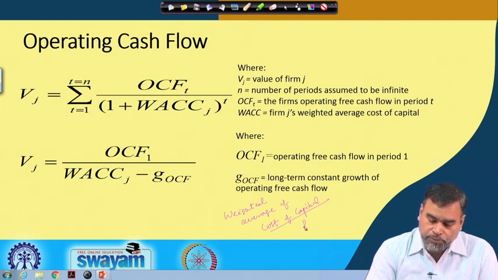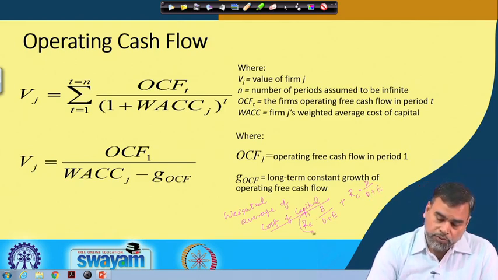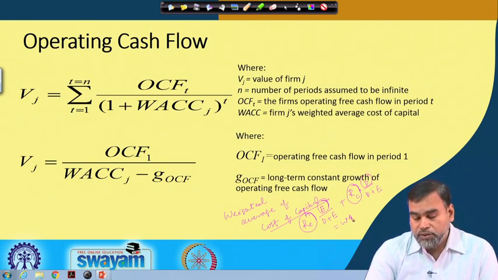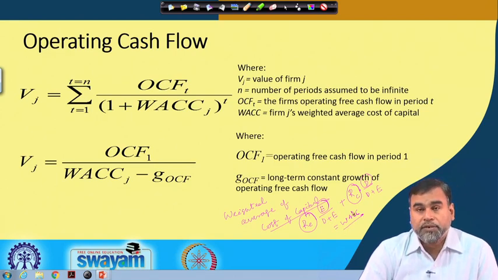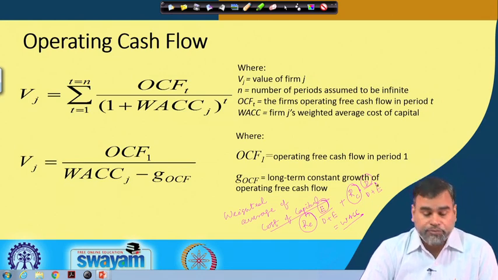That is your cost of equity multiplied by the percentage of equity, that means E upon D plus E, where D is equal to your debt, plus your cost of debt, let Rd, into D upon D plus E. So, if you know the cost of equity, you know the cost of debt, and how much percentage of equity and how much percentage of debt the company has, then you can find out the WACC. The weighted average of the cost of capital can be calculated. These are the weights or the percentages which are related to equity and debt.